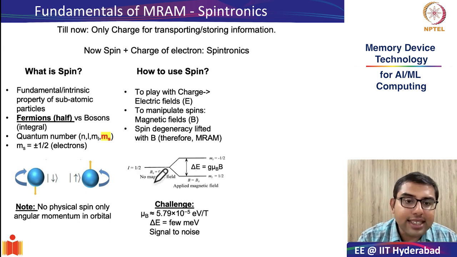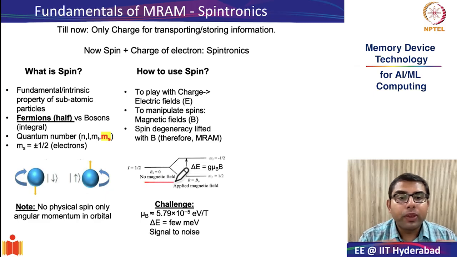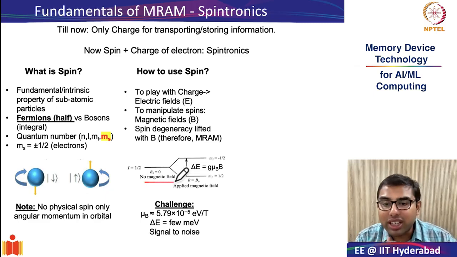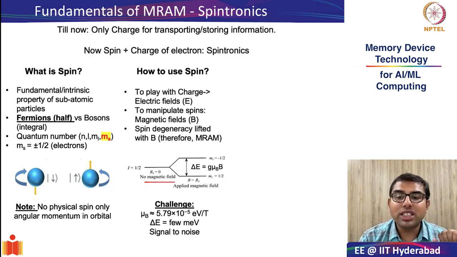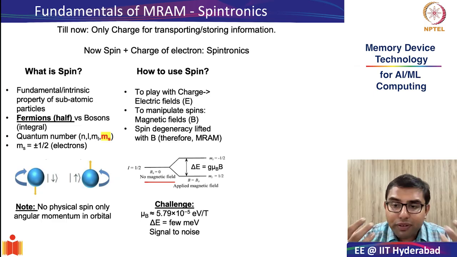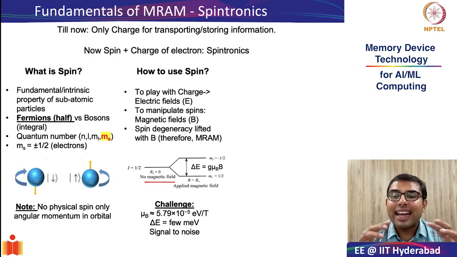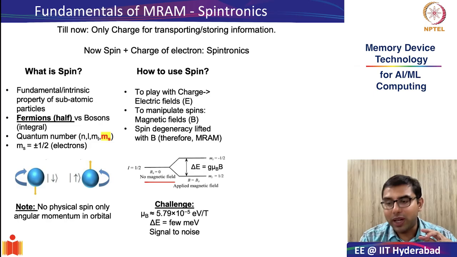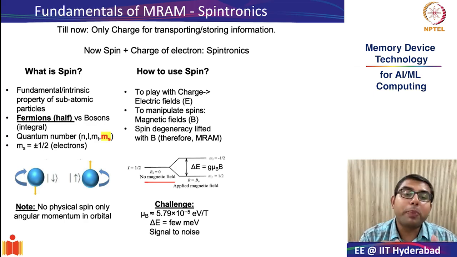So the idea is that when a system is subjected to no magnetic field, there is spin degeneracy. What is the meaning of spin degeneracy? Spin degeneracy refers to the condition where an electron has two possible spin states, the spin up and the spin down. And in the absence of magnetic fields, both the spin up and spin down states have the same energy, and therefore they are called degenerate.